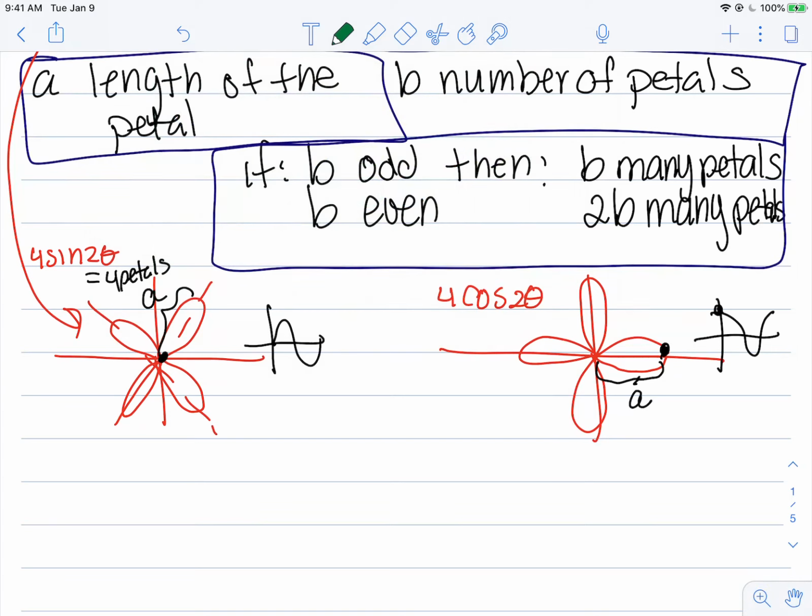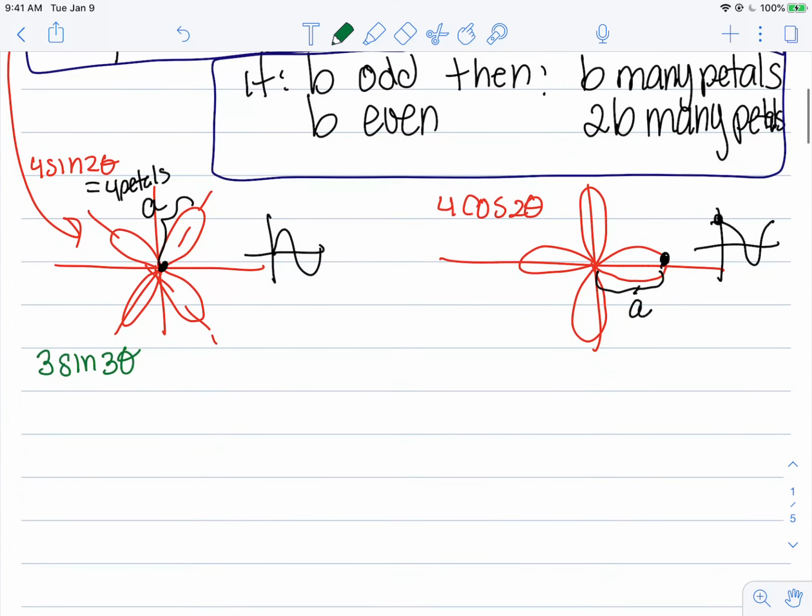Let's look at 3 sine of 3 theta. Okay, so if it's odd, then sine will have symmetry with respect to the vertical axis still, okay? But you have to divide 360 by the number of petals you're going to have, and then that's how far apart they are. And I'll show you more detail about how to do this.